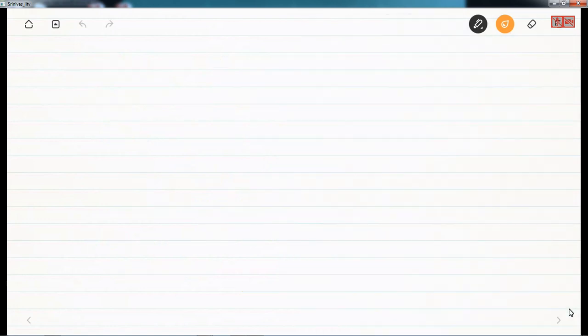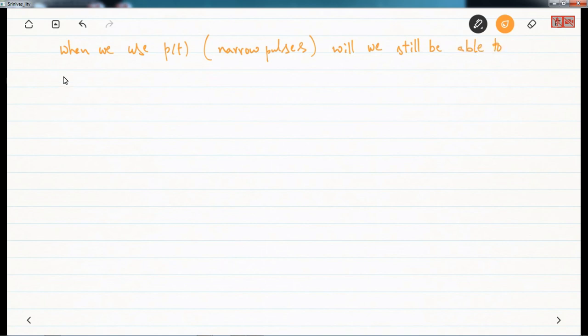Now let us see, when we use p of t, that means narrow pulses, will we still be able to get back the original x of t from the sampled version xp of t?